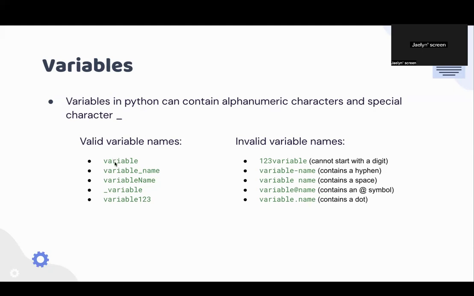You can see that we can use underscore in the middle of the variable and also in front of the variable. But for invalid variable names, we cannot start with a digit, or add a hyphen, space, dot, or at sign in the middle of the variable.